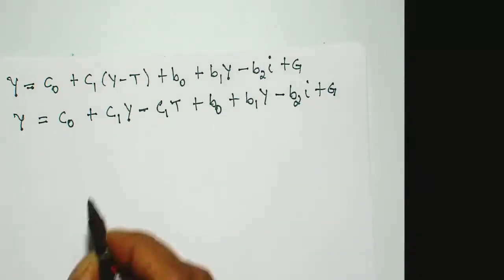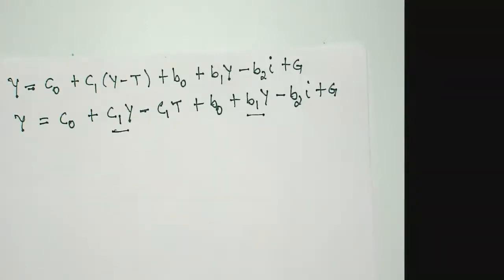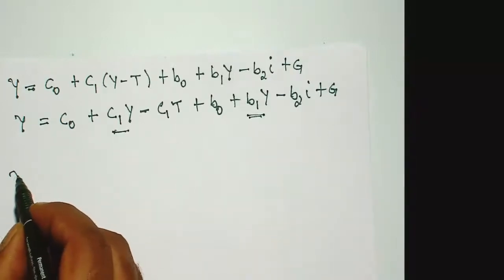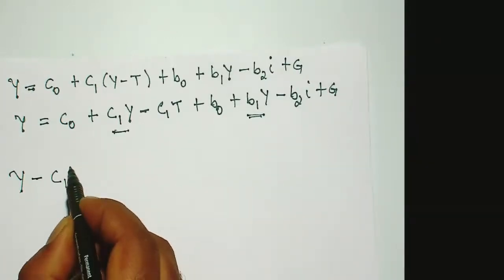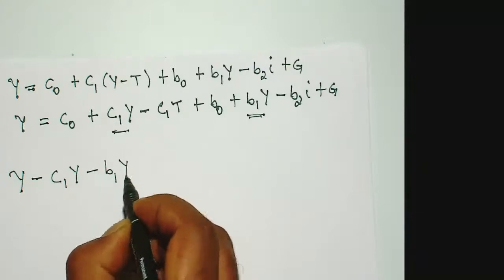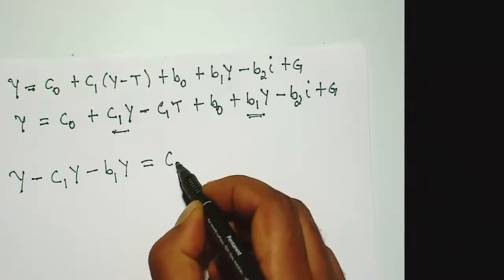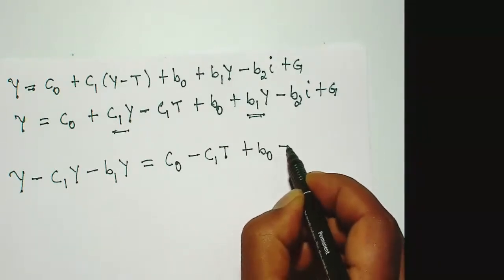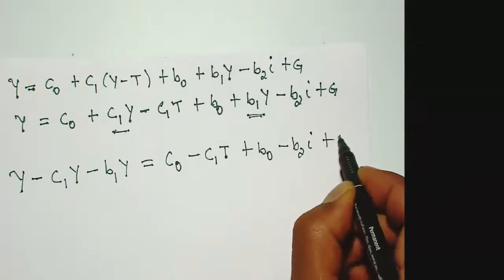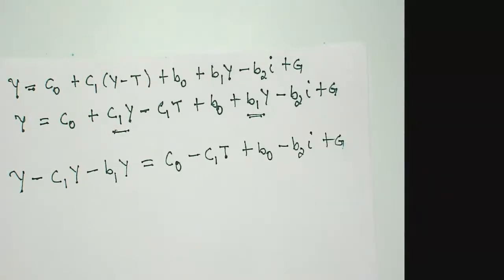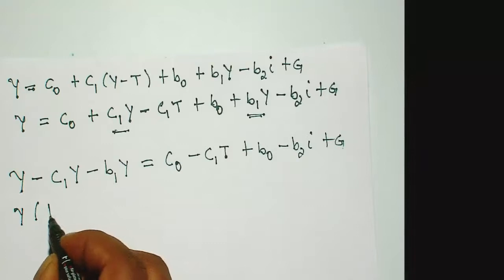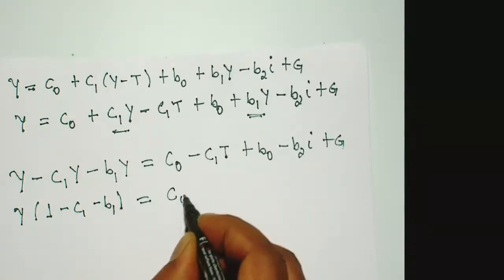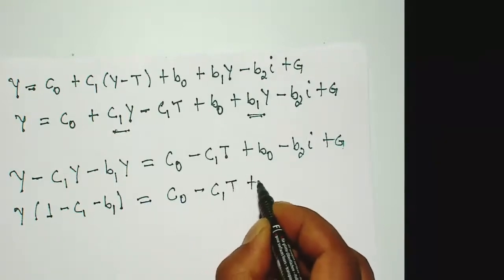And then we would gather the y terms on the left hand side by subtracting these two items from our right hand side. So this would give us y minus C1y minus B1y equal to C0 minus C1t plus B0 minus B2i plus government expenditure G. If I take y as a common factor, I would have 1 minus C1 minus B1, with the similar equation on the right hand side.